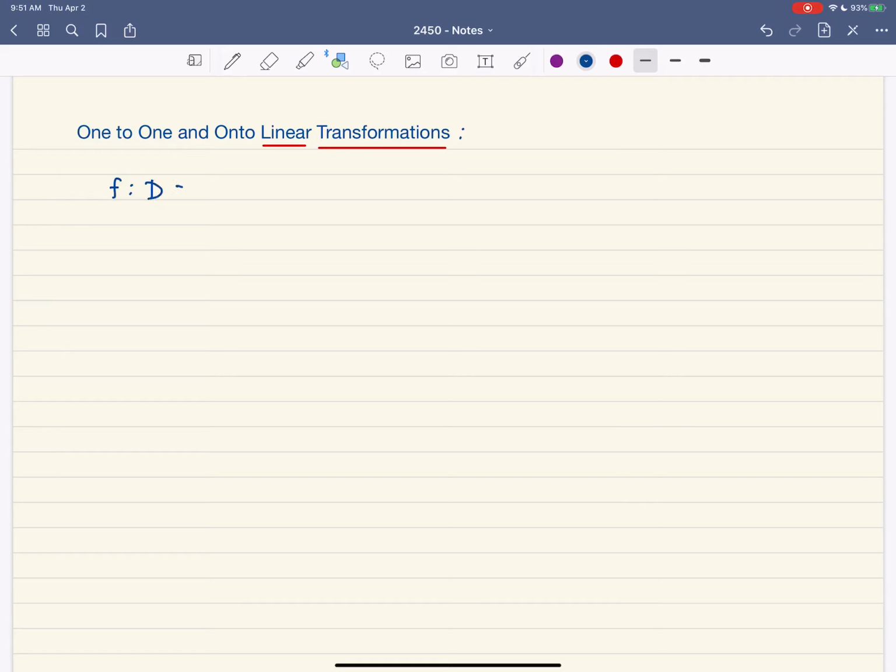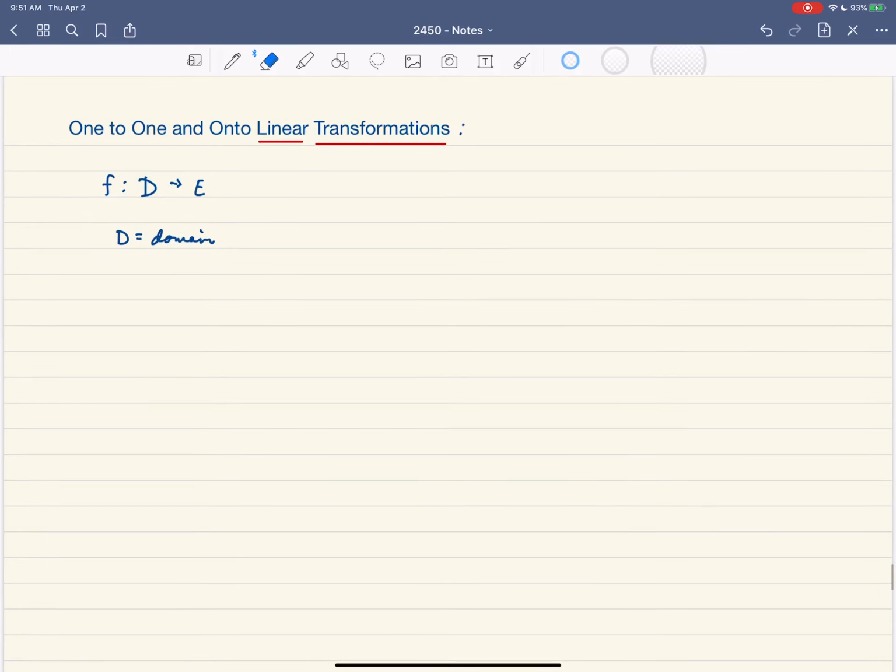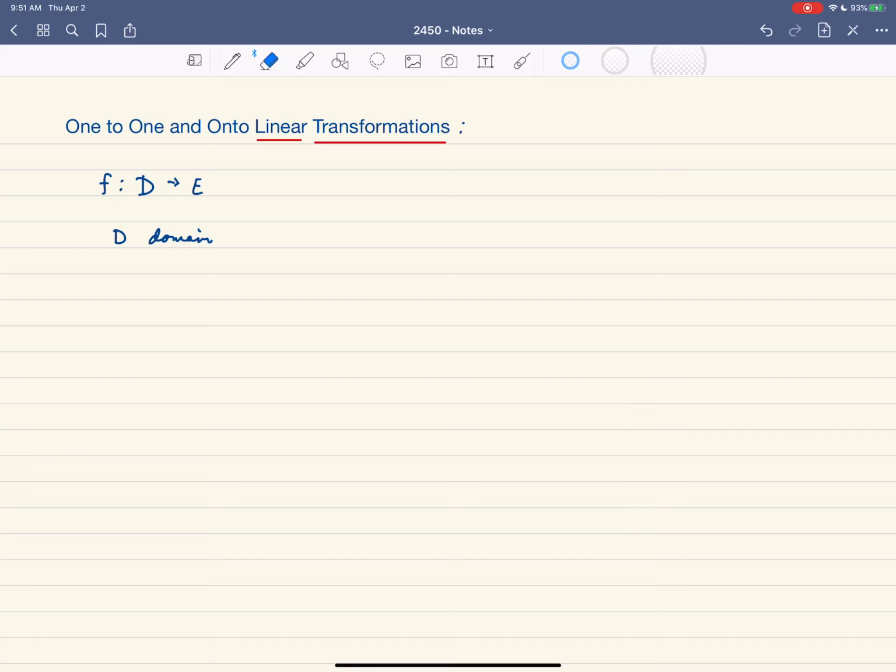So if I have a function f, which maps the set D to a set E, remember that D is the domain. And E is the codomain of the function. So E tells you what kind of values you can get out, but it doesn't have to be all the values that you get out.